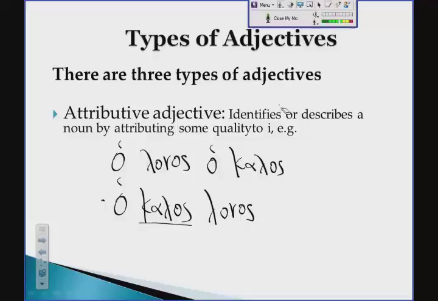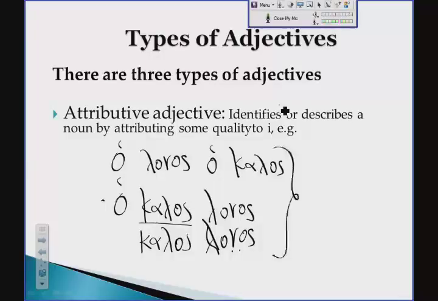The third scenario is both of them appear without articles. Logos can be there, that can be there, doesn't matter. But both of them do not have articles. And then all these three, you translate it as the good what? Word. The good word.